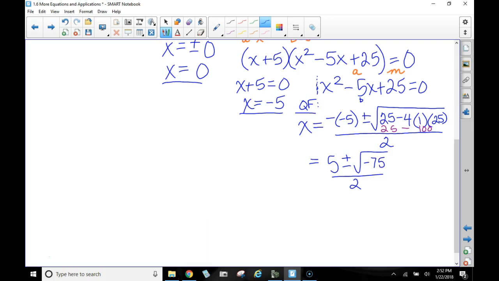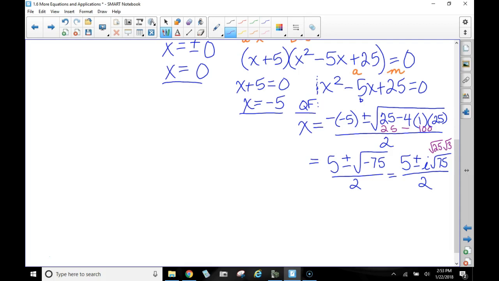Okay? Now, I really think we can break down negative 75. We know it's the same thing as i times the square root of 75, all over 2. That's how we break down the negative part of it. But 75 does have a nice little factor that is a perfect square. 75 is 25 times 3.